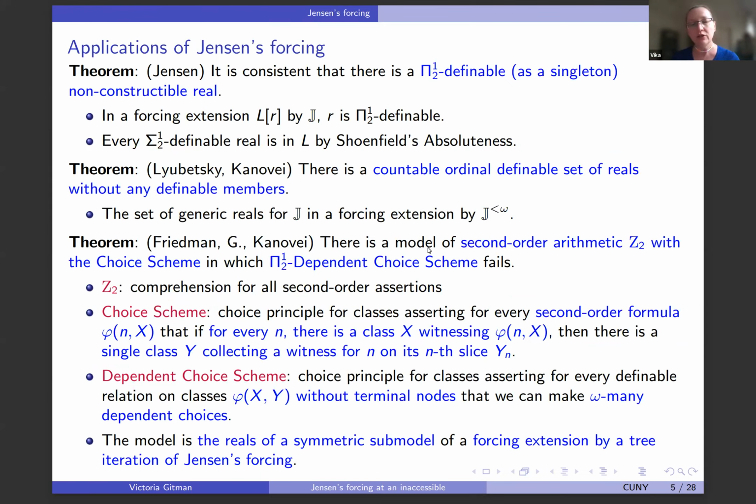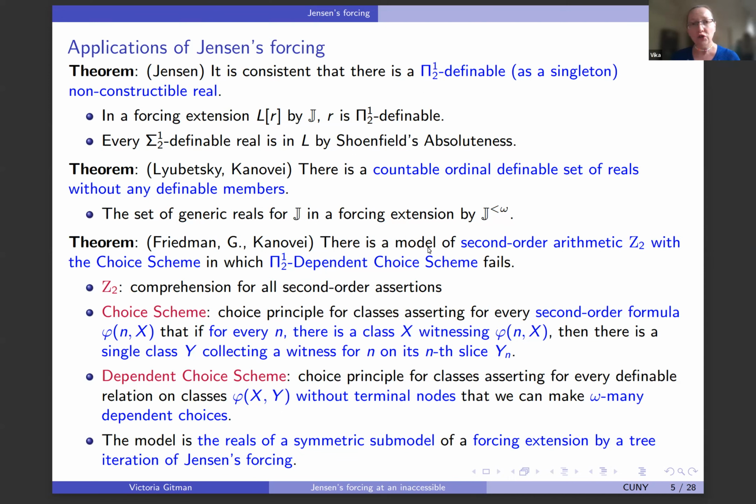So Jensen used it to show, at the time, because this was many, many years ago, there was an open question. Because of Shoenfield absoluteness, it was known that every Σ^1_2 definable real has to be constructible.